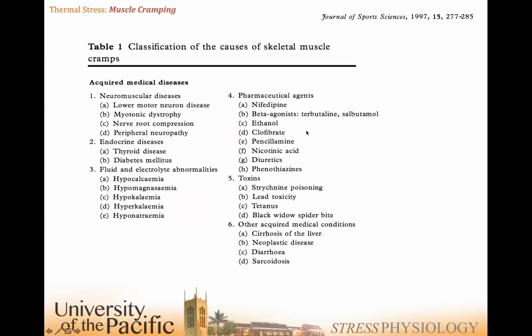Maybe you're wasted when you're running or you're on some beta agonists or there's a number of things that can contribute, but cramping that we just extend all of us are going to experience during times of high exertion, that's different. That's just normal physiology that is misbehaving a little bit.